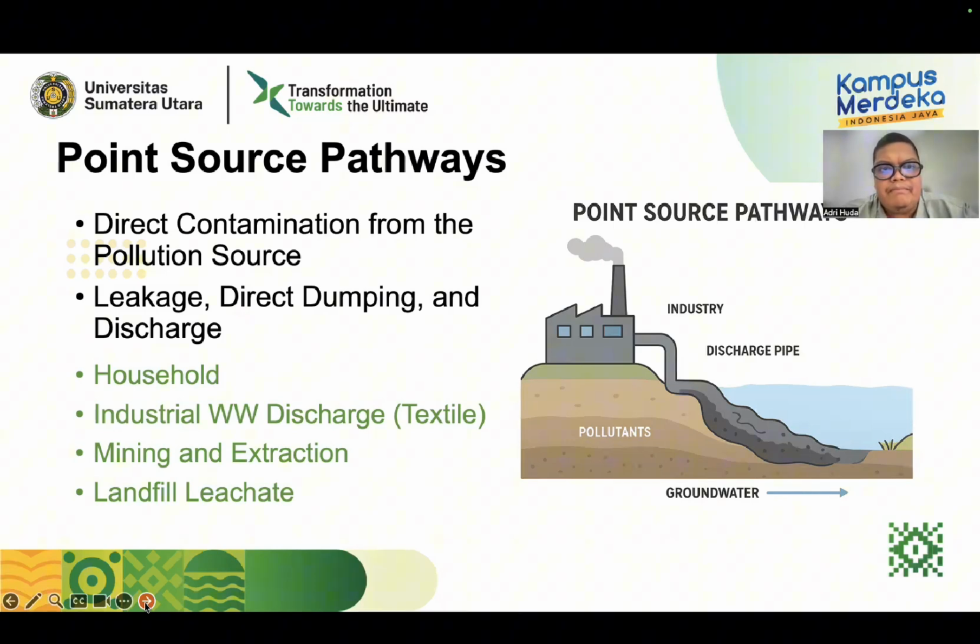The other example of the point source pathways is leakage. For example, the oil and gas pipelines sometimes cross the water source, for example, the river or ocean, and during the transportation or the installation of the pipeline, sometimes the pipeline has a leakage, meaning that the oil can leak from the pipeline and then contaminate the water source.